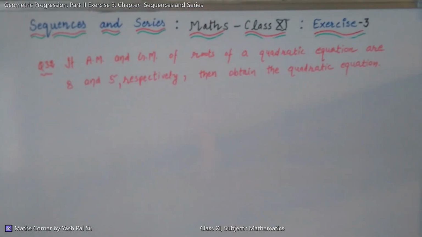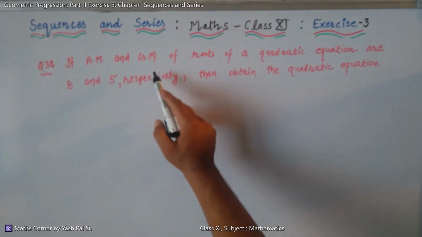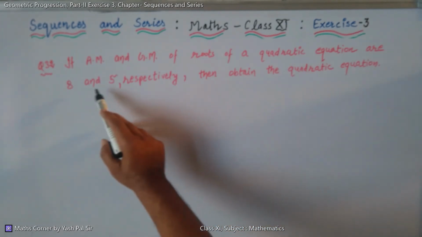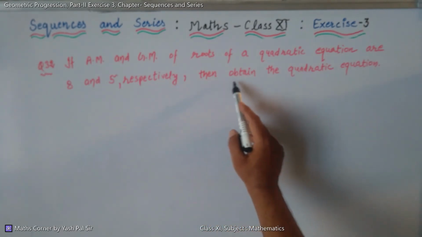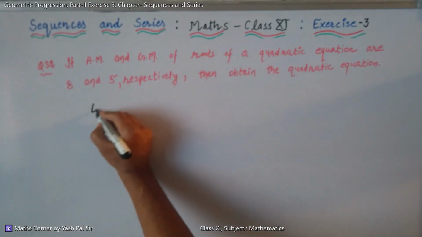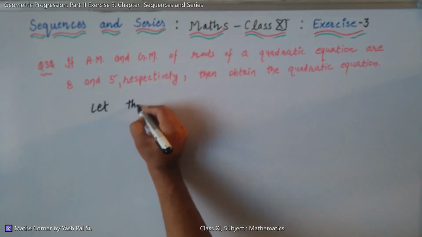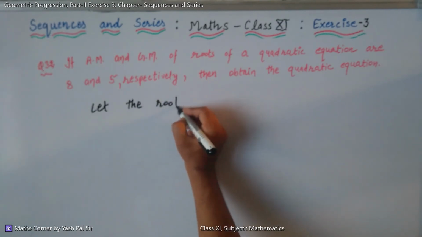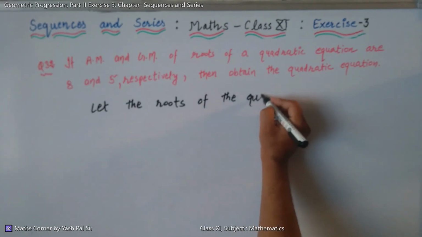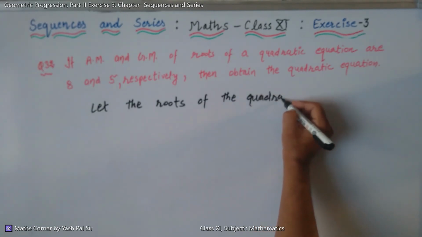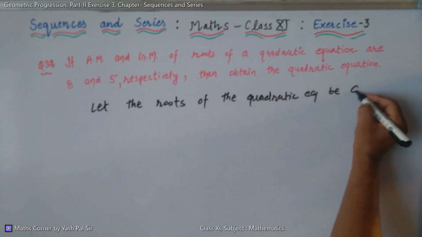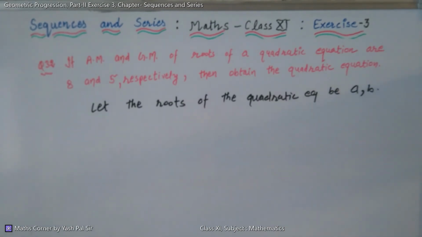Question number 32. If arithmetic mean and geometric mean of roots of a quadratic equation are 8 and 5 respectively, then obtain the quadratic equation. Here first of all we suppose let the roots of the quadratic equation be a, b.